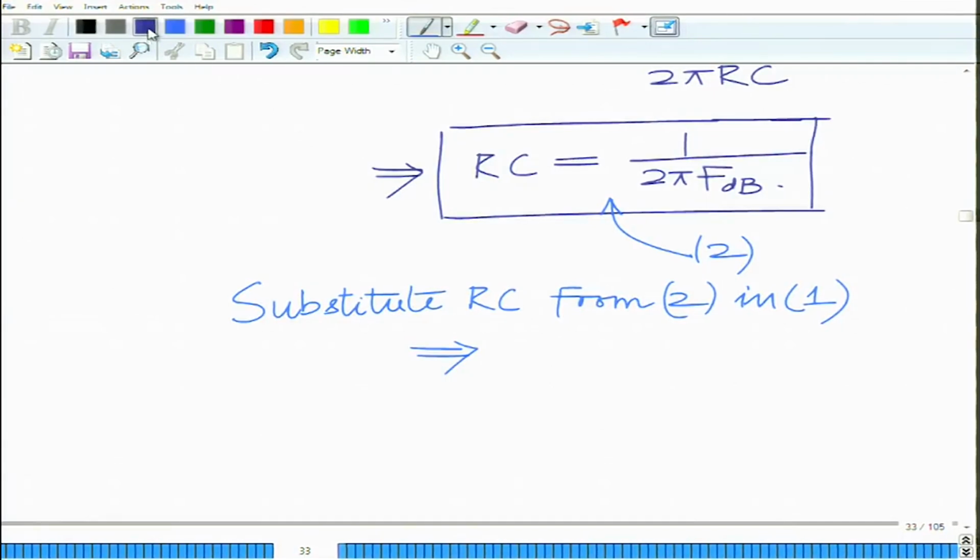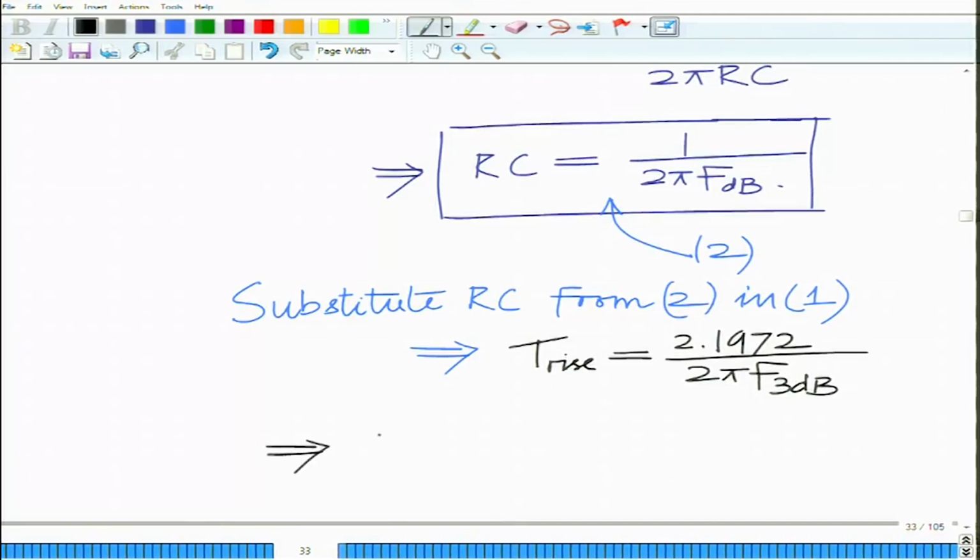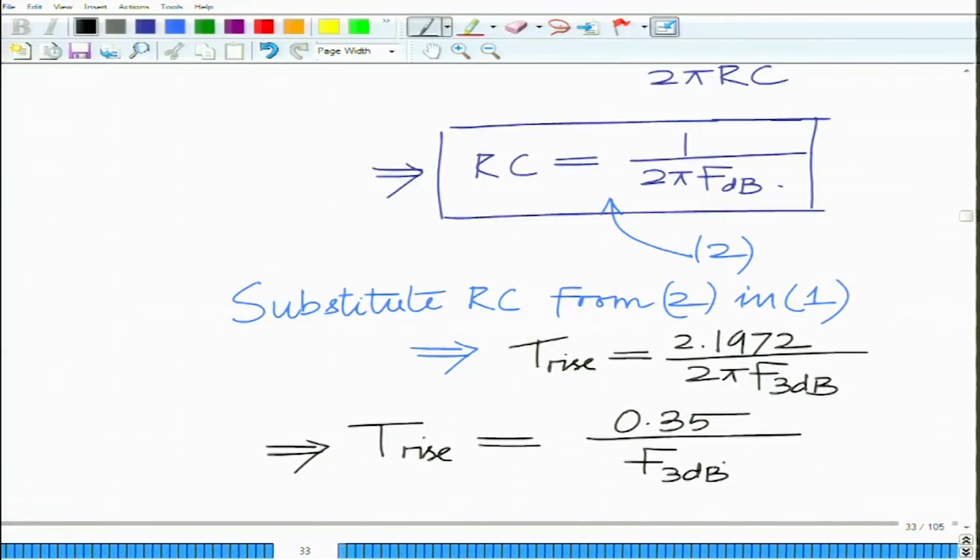This gives us the result that T rise equals 2.1972 times RC, but RC is 1 over 2 pi f of 3 dB. So the rise time is 2.1972 over 2 pi, that is basically 0.35, over the 3 dB frequency. Okay.